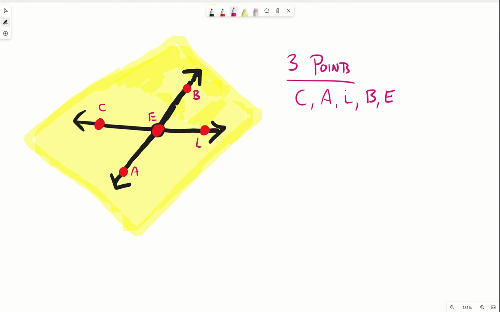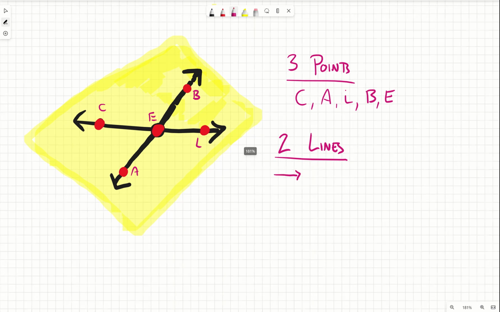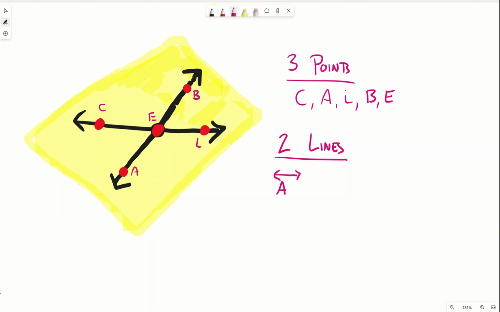Or if I were to say, all right, write me 2 lines. Well, you could say there's a line that goes through A and B. Or there's a line that goes through C and L. We also don't have to use the 2 points at the very end.